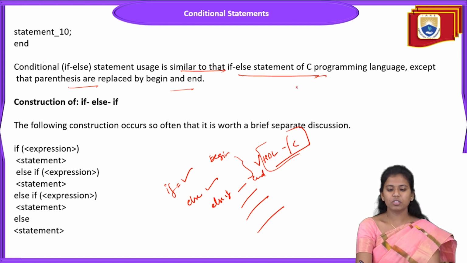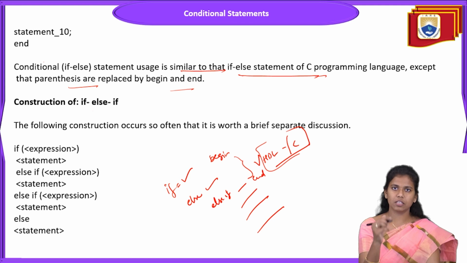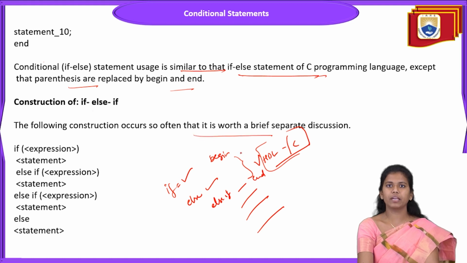Okay, so coming to the construction of if else if. In the previous part we discussed only if else, isn't it? If and else, and now we'll see how the conditional statements are followed with else if. The conditional statements occur often, so that is worth a brief separate discussion.